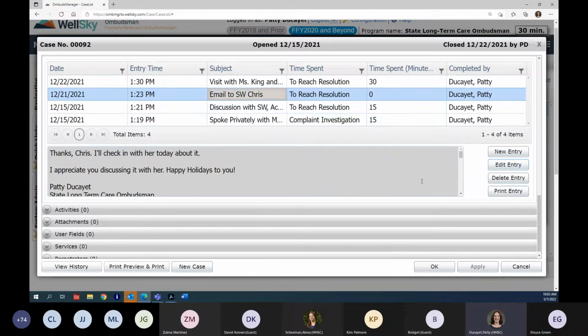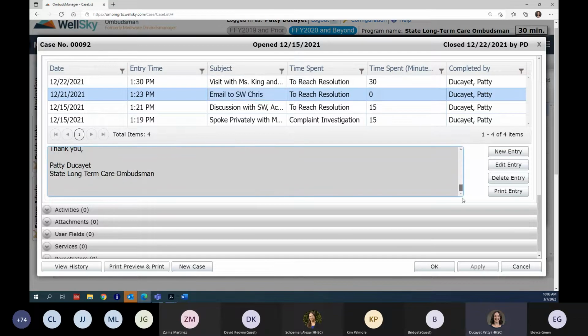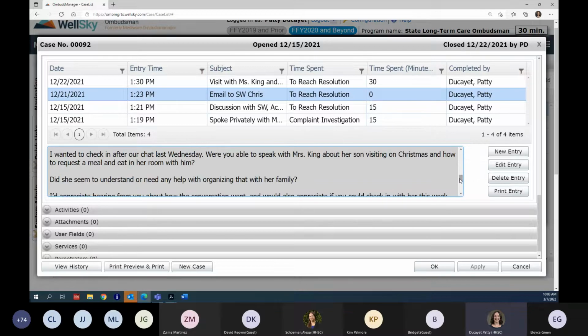There's an email exchange that I have with the social worker, Chris, and that is just copied and pasted in here. So this is perfectly okay to do as a journal entry, but you do need to have a subject that tells me what I'm looking at. And your email exchange needs to be logical enough that someone can read it and understand what has been learned or gleaned from this exchange.